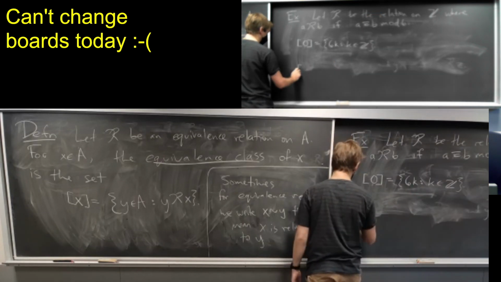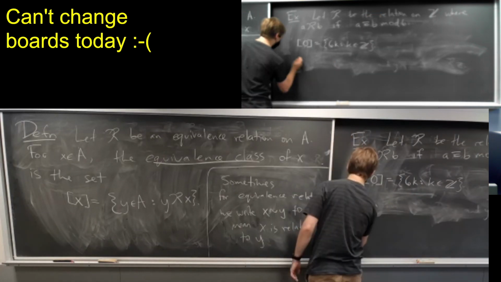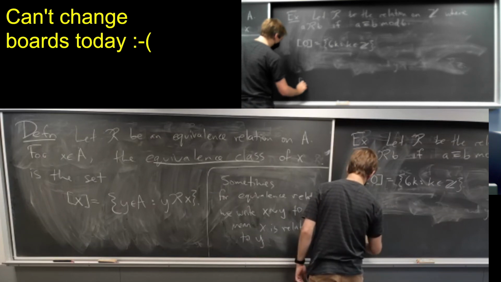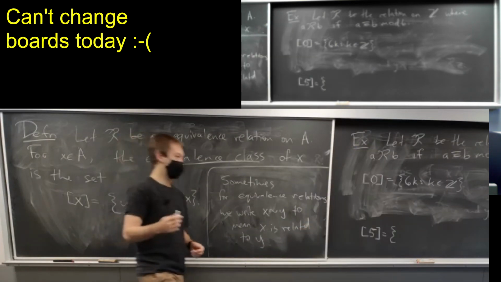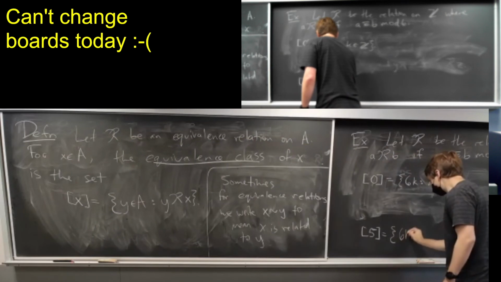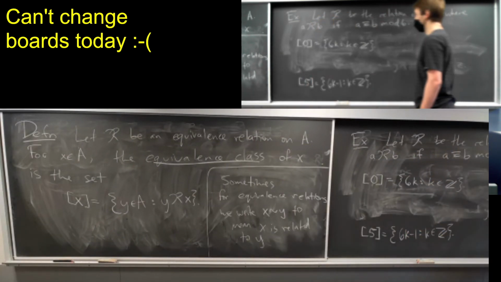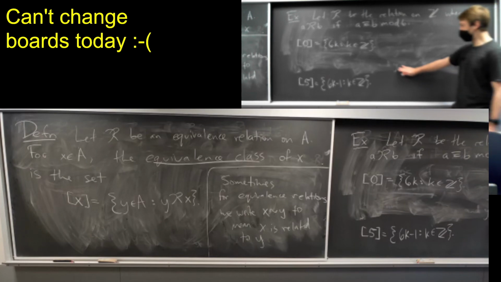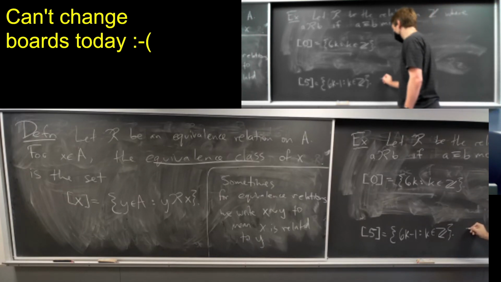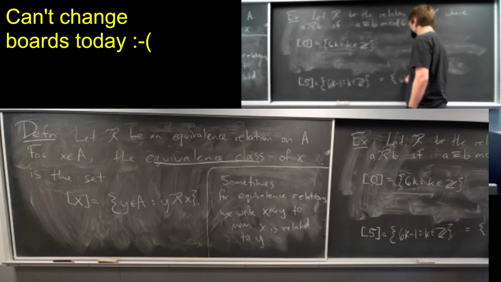What if I take the equivalence class of, let's say, 5? Yeah, that'll work. So 6k minus 1, such that k is in Z. I probably would have written it like this, but this is totally correct. I probably would have phrased it this way just because it feels simpler, since it's got a 5 there.